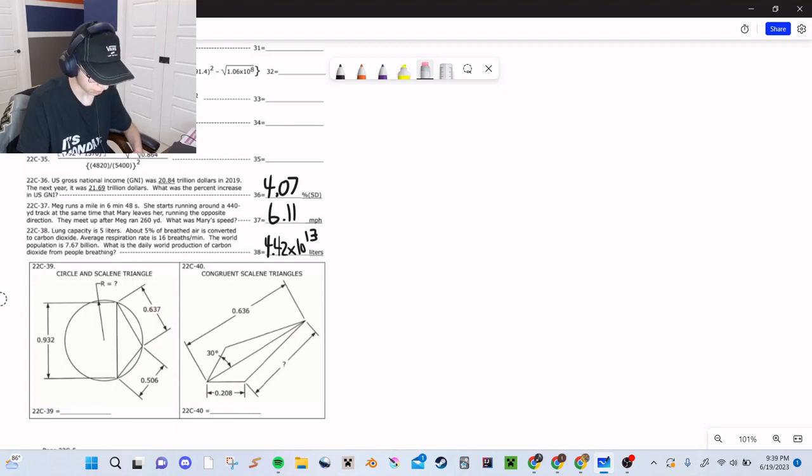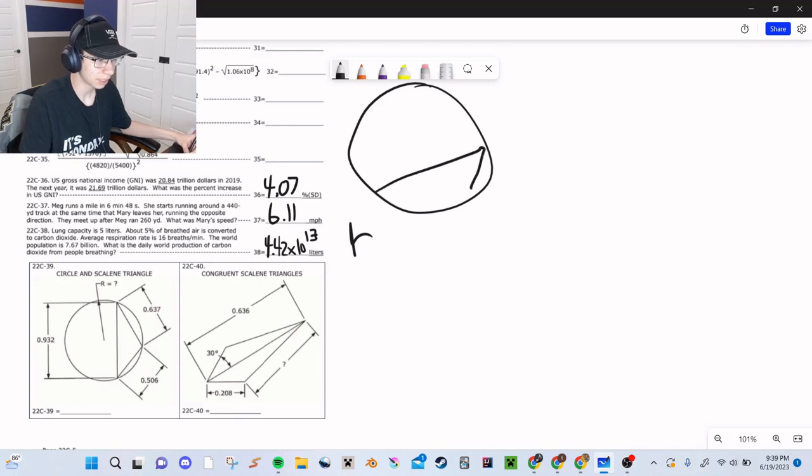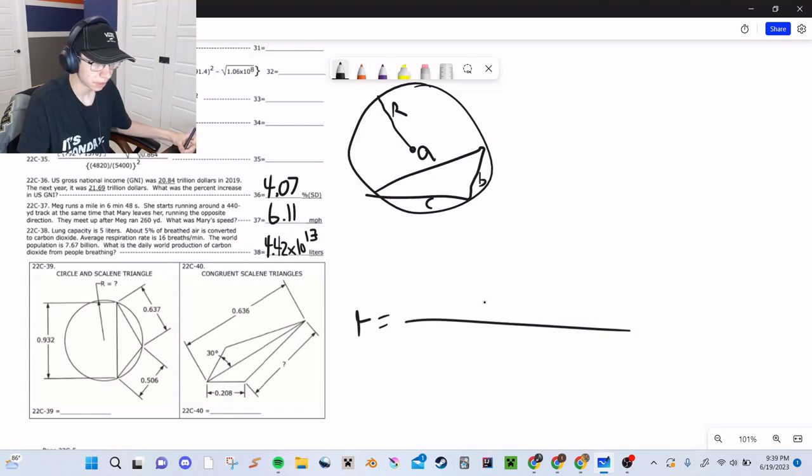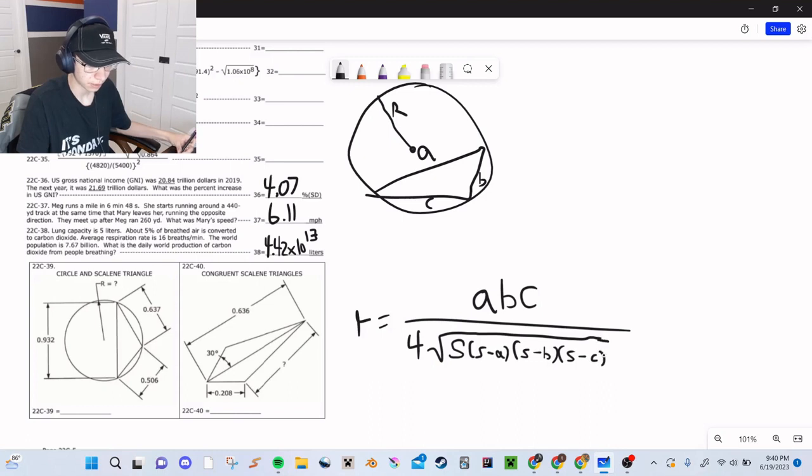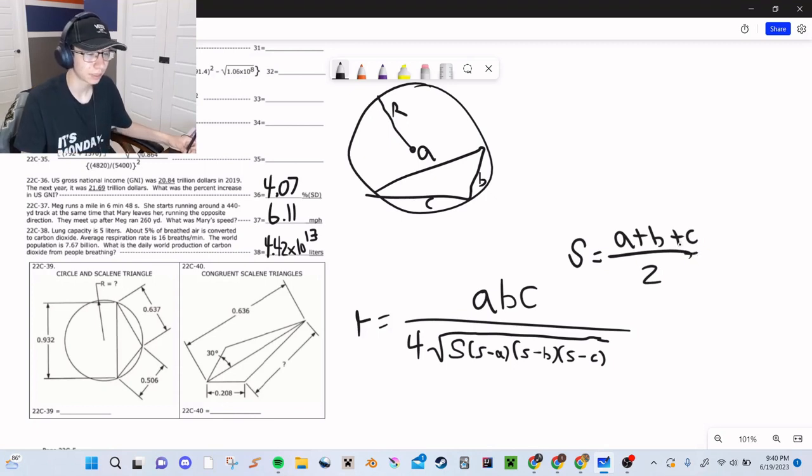So what we're going to do here, the formula to get the radius when you have a circle and some scalene triangle with sides A, B, and C. So to get this circumscribed circle's radius, R is equal to A times B times C over 4 times the square root of S times S minus A times S minus B times S minus C. And S is equal to the semi-perimeter of the triangle. So it's just the perimeter, and then you divide it by 2.